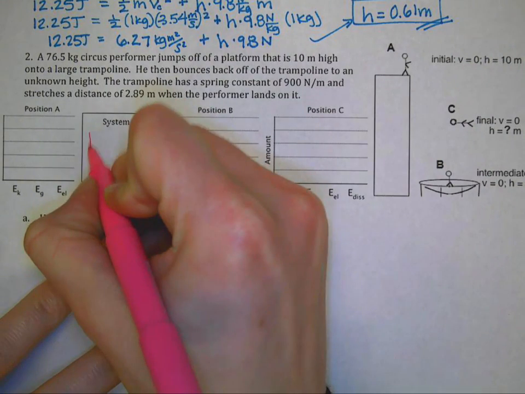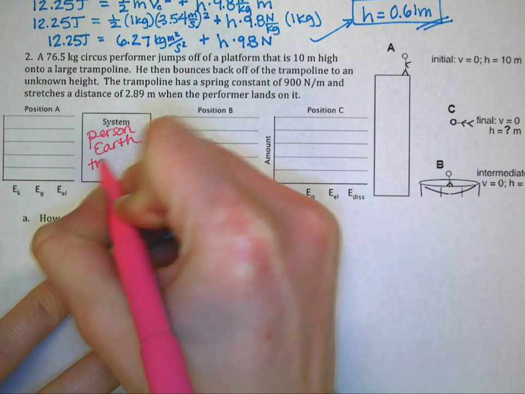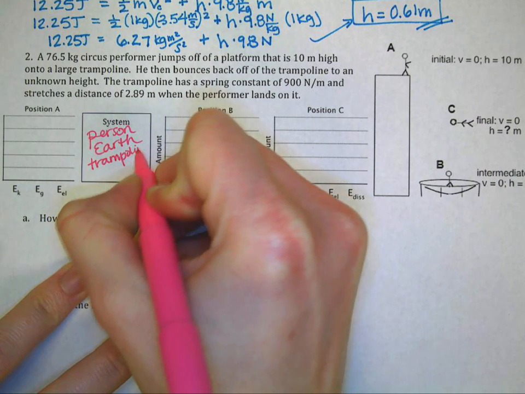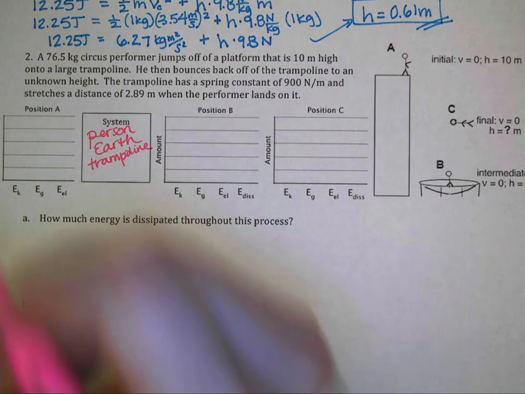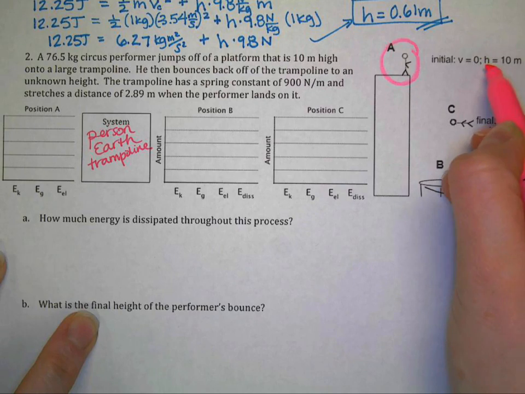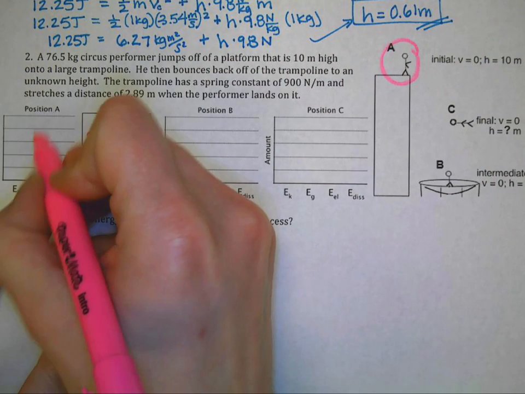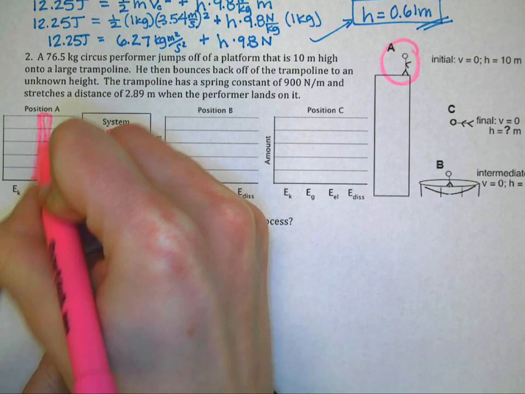My system is probably going to be the person, the earth, the trampoline, the air, whatever you'd like to include in there. Up at position A, he has no velocity but a height of 10, so I would say that all of his energy is stored gravitationally.